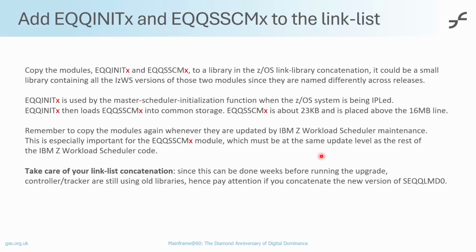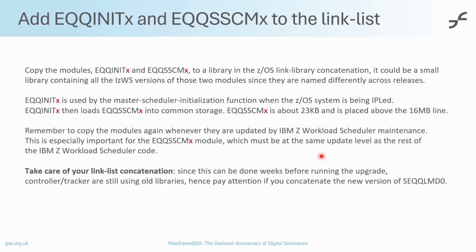So what we need to do, let's go. Add those two modules to the linked list. So copy those two modules from the SEQQLMD0, from the STEPLIB by ZWS STEPLIB, into your separate dataset. This library needs to go into the link library concatenation.